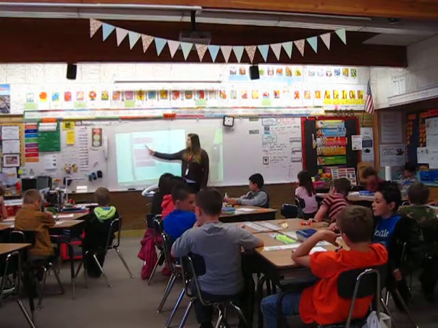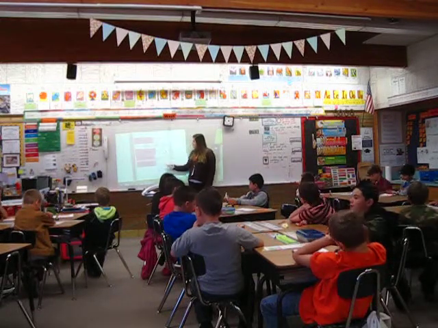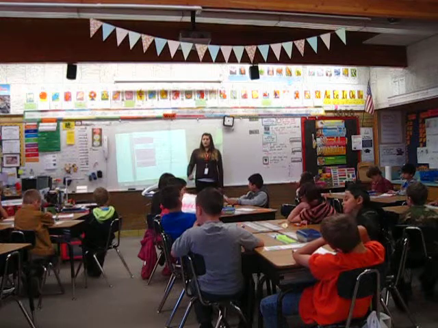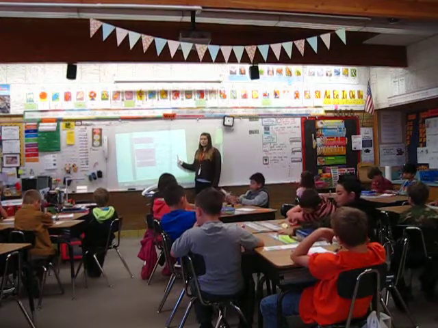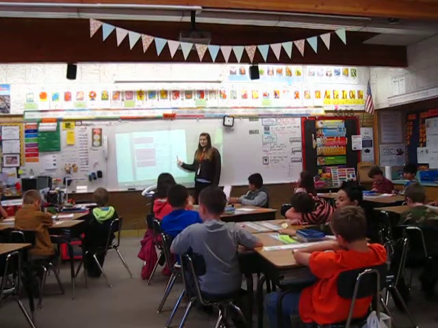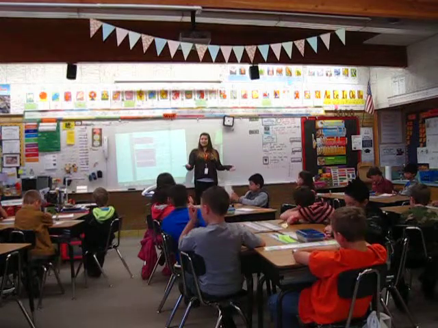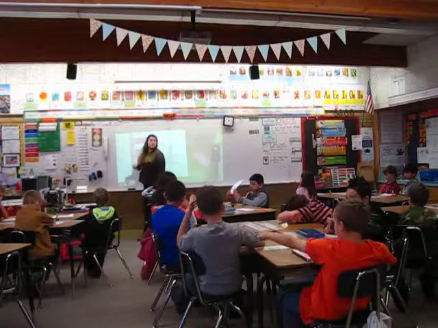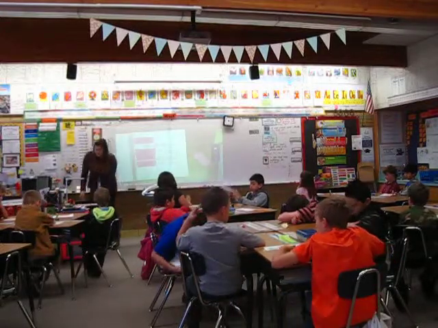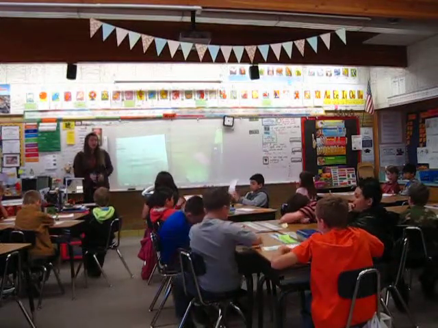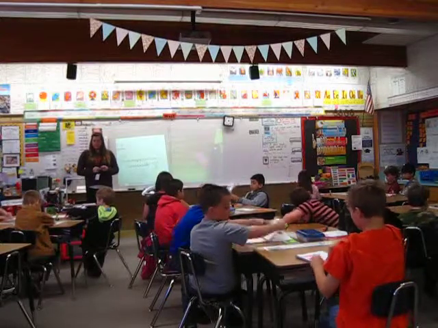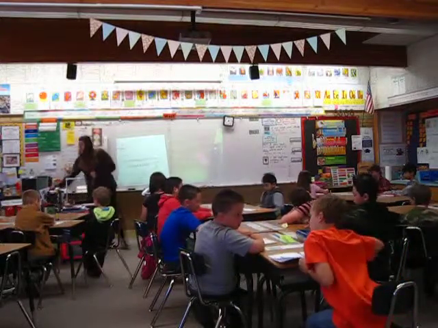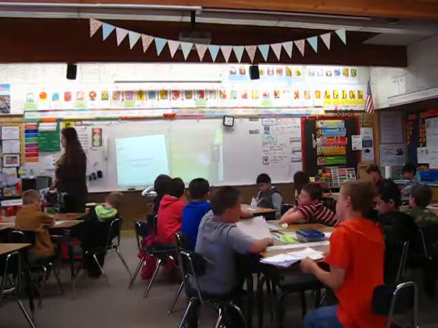We had 9 shaded parts. 3, 6, 9. And write that as the numerator. So our fraction would be what, class? It's 9/3. Thank you. Okay, what I need you guys to do is put away your math journal and sit there quietly listening for further instructions.